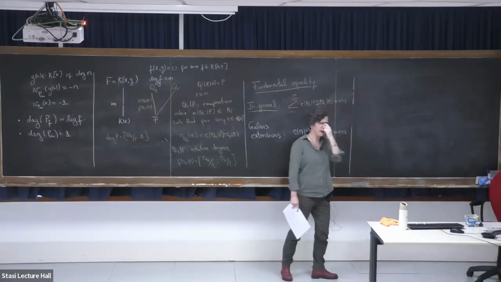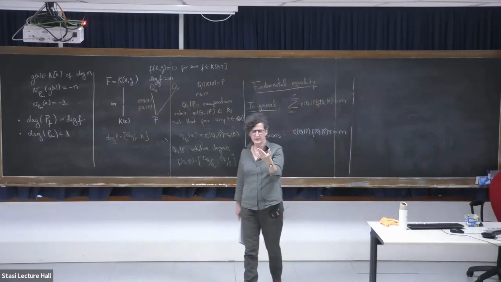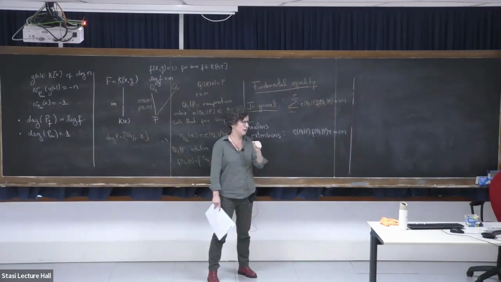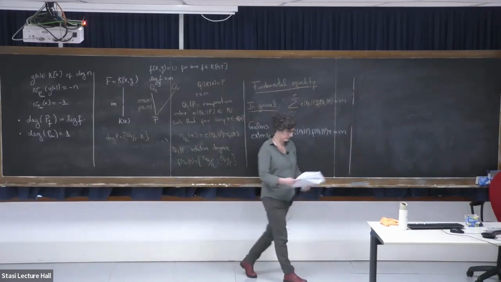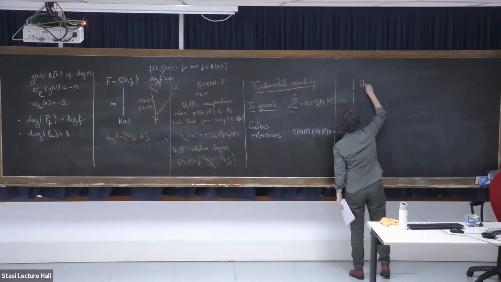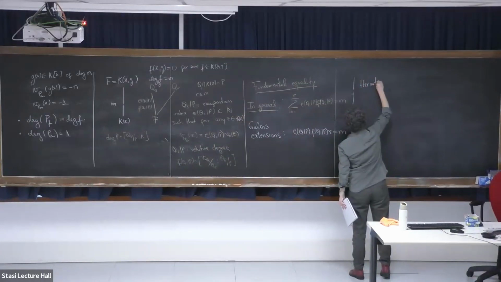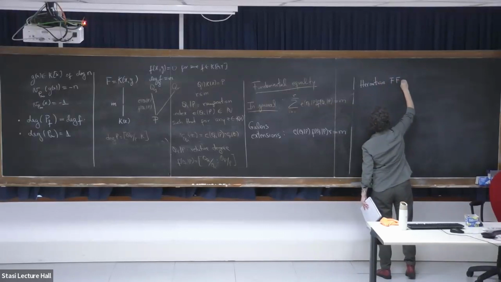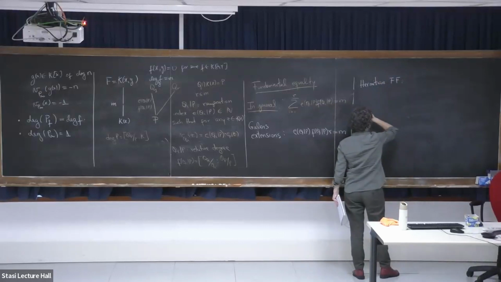So let's keep in mind what we want. We want the Weierstrass semigroup at a certain fixed point over the Hermitian function fields. Okay. So let's take the Hermitian function field.